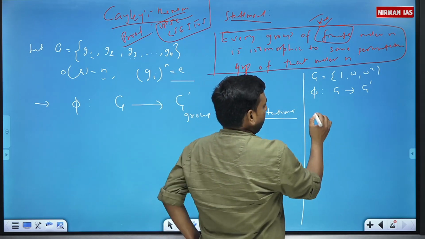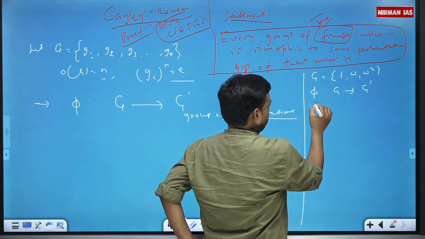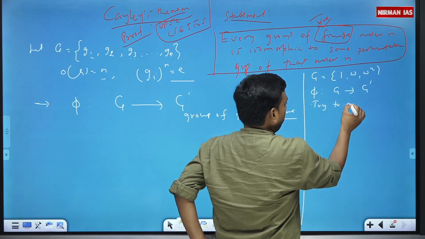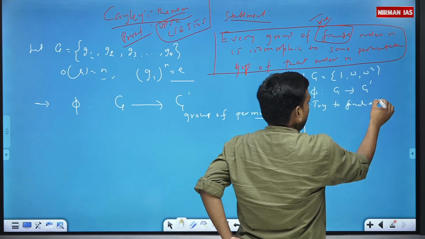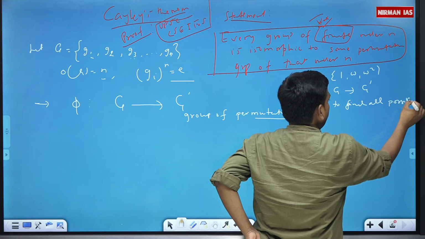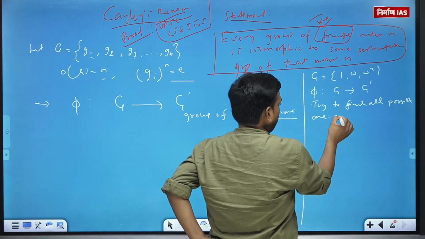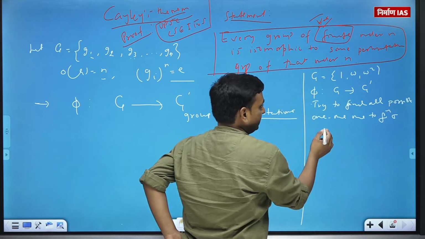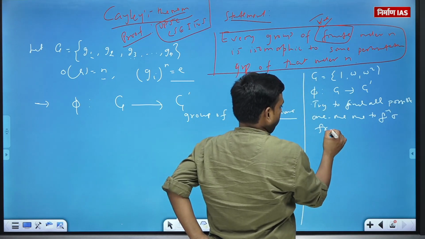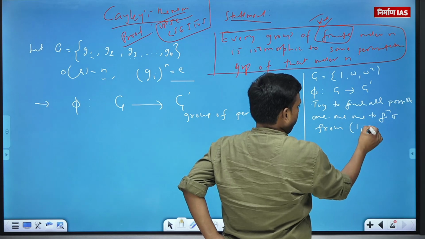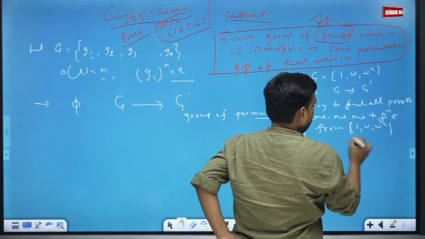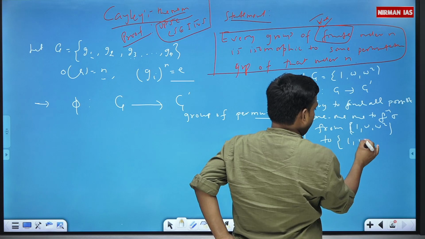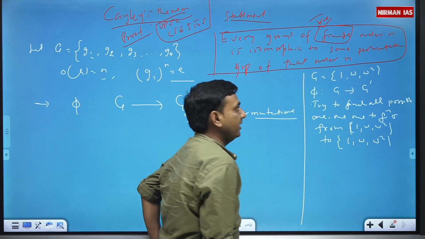Suppose that we try to find all possible 1-1 onto functions from {1, omega, omega square} to {1, omega, omega square}.